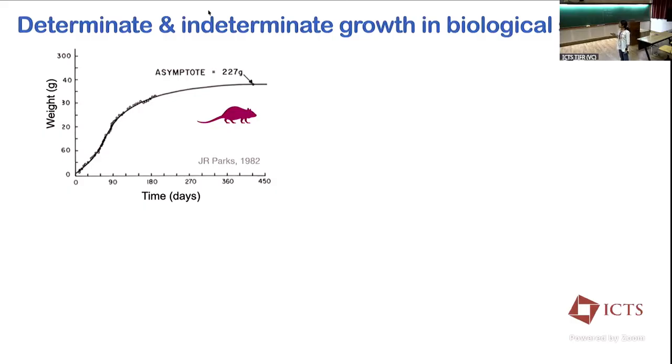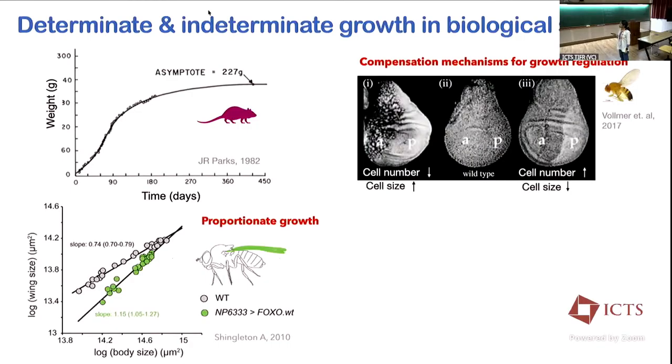Determinate growth is also characterized by very tight regulation, by which I mean, for example, in the fruit fly, if you do a perturbation, if you do a mutation in the wing, where you make the cell numbers in the posterior region lesser, the tissue responds by increasing the individual cell size so that the final size and shape of the structure is almost maintained.